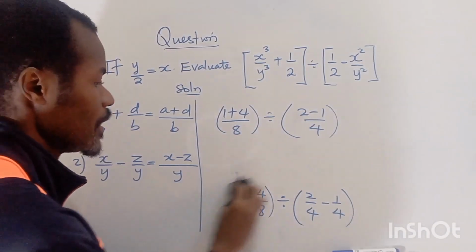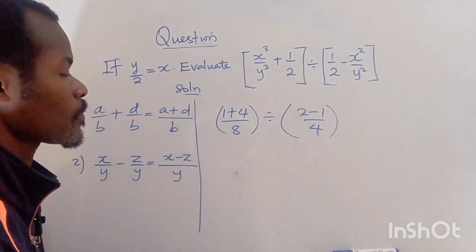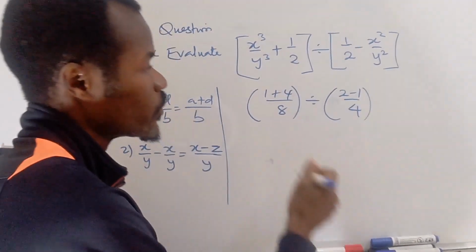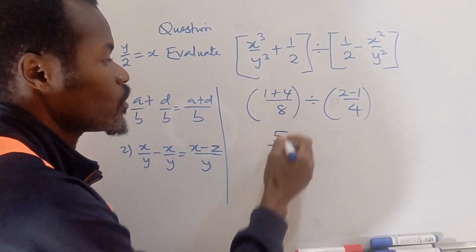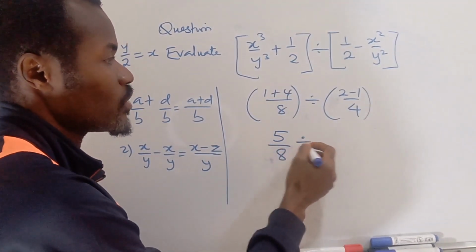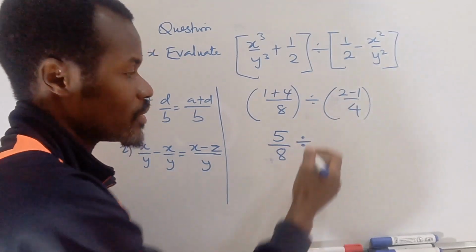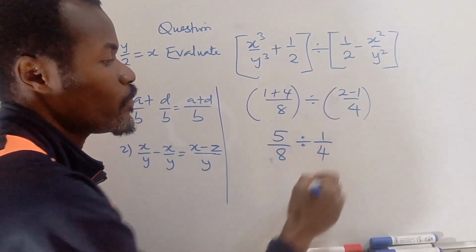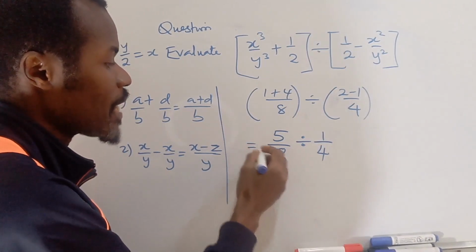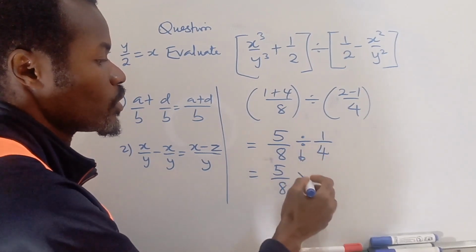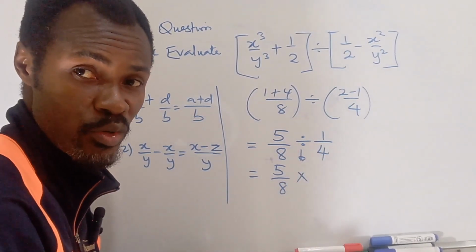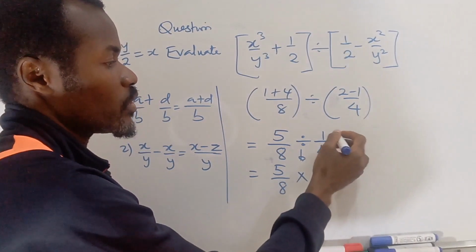Alright, so let's see what that gives us. We are going to get 1 plus 4, which is 5 over 8, divide, 2 minus 1, which is 1 divided by 4. Now we have 5 over 8. This is going to change to times, based on the rule of division, and we are going to reciprocate this.